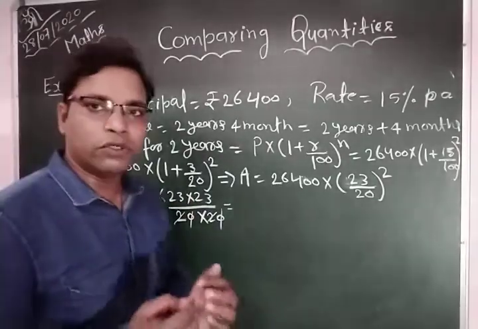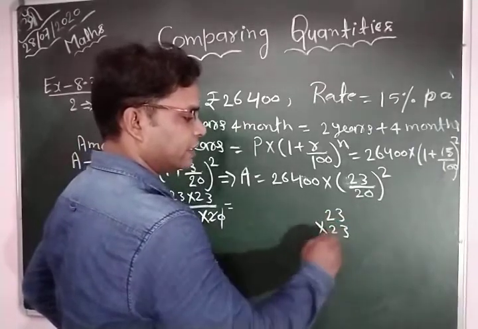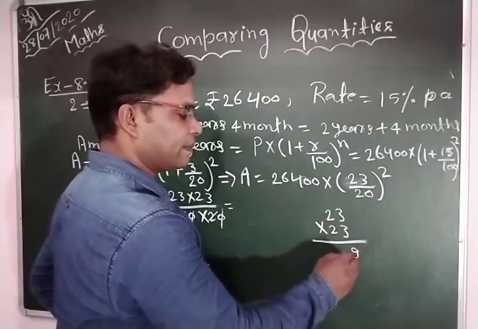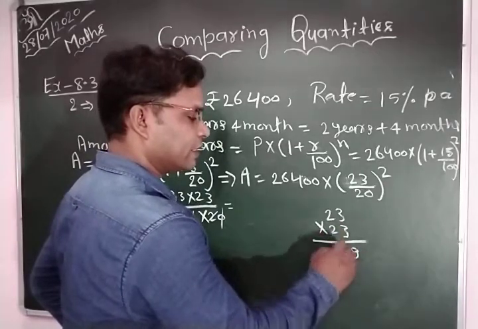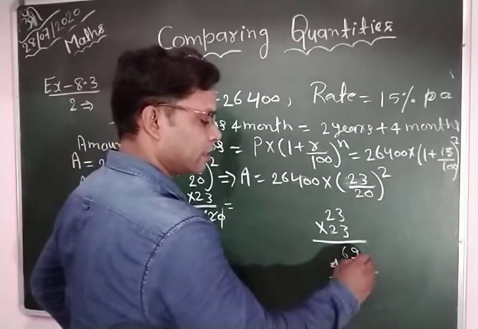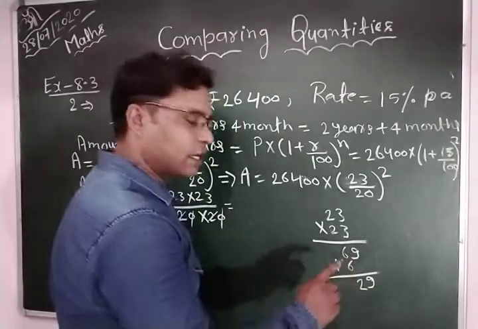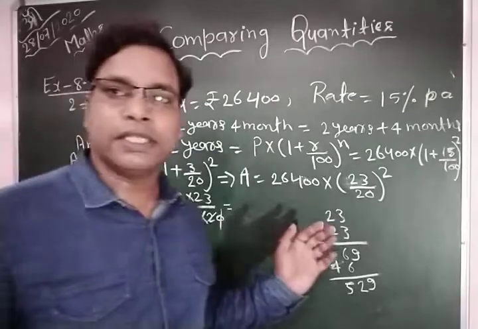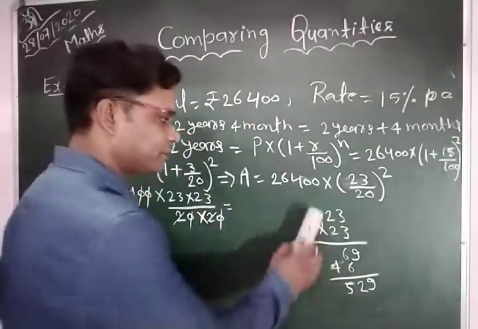So what is 23 into 23? If you multiply 23 by 23, you obtain 3 threes are 9, 3 twos are 6, then 2 threes are 6 and 2 twos are 4. So this is 9, 6 plus 6 is 12, carry 1, and 4 plus 1 is 5. So 23 into 23 is equal to 529.